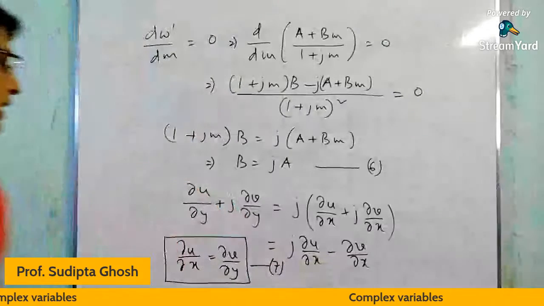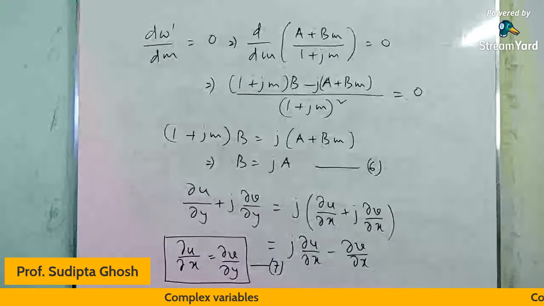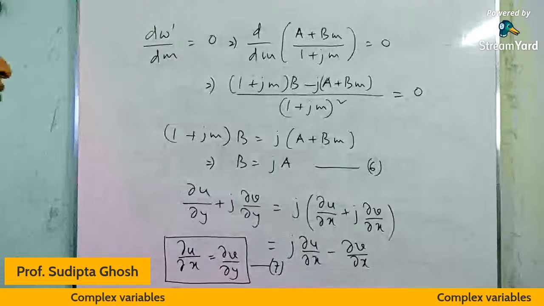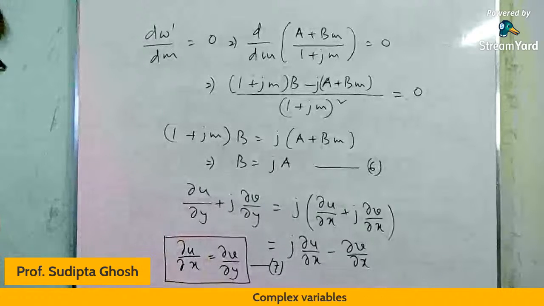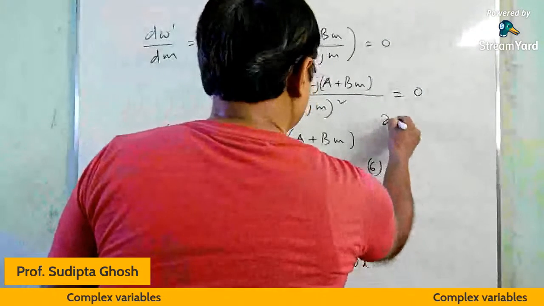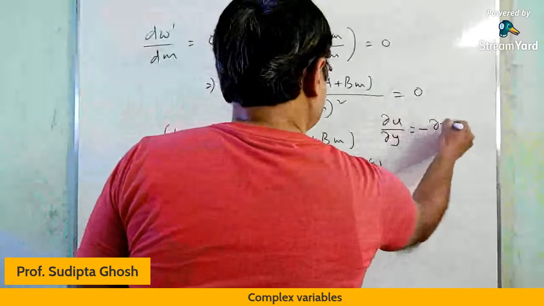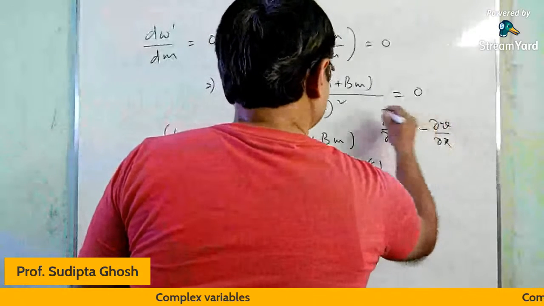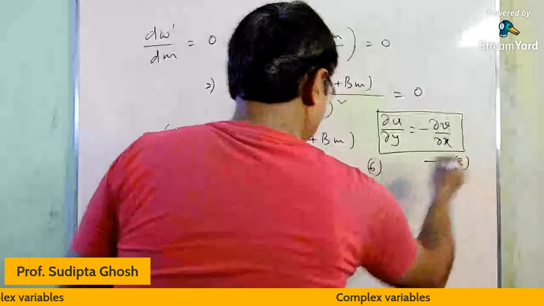Then equating the real parts, I get del u del y equals minus del v del x. So this is equation 8.